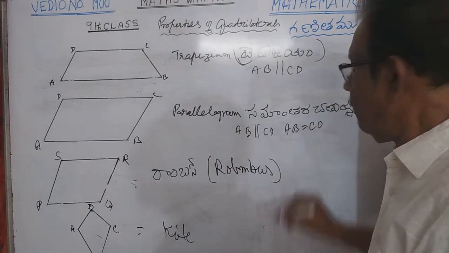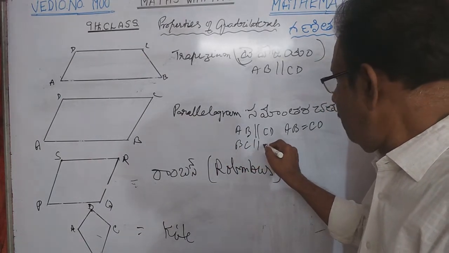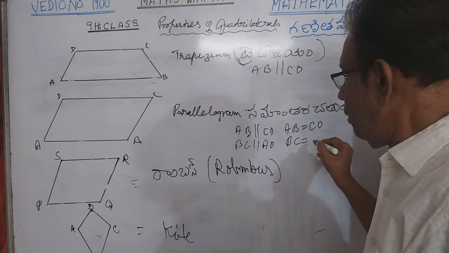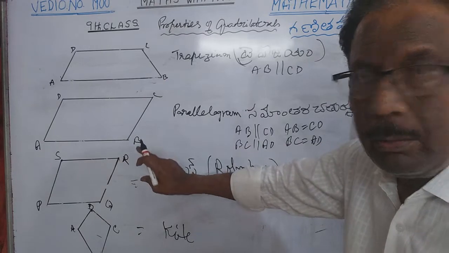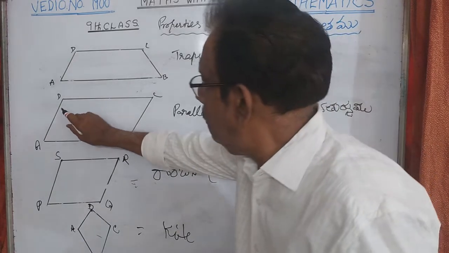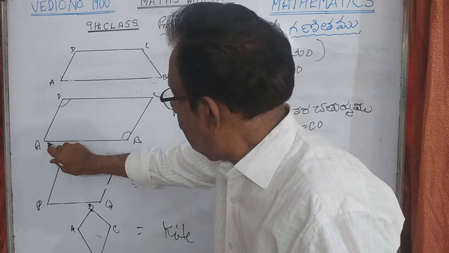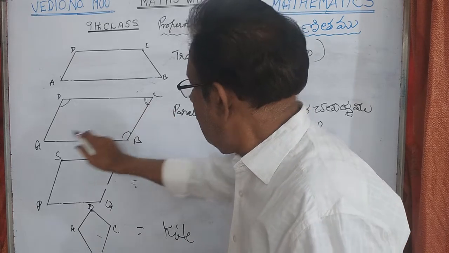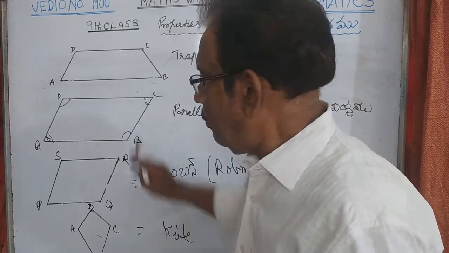BC is parallel to AD and BC is equal to AD. Both pairs of opposite sides are parallel and equal. This is a parallelogram. Here also, angle ADC is equal to angle ABC. Like that, angle DAB is equal to angle DCB. These two angles are equal, so opposite angles are equal.